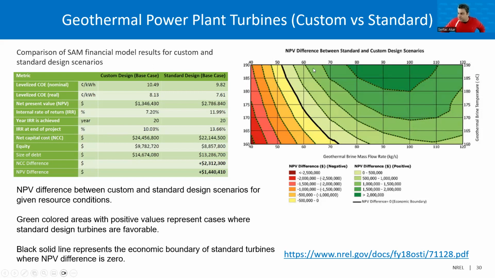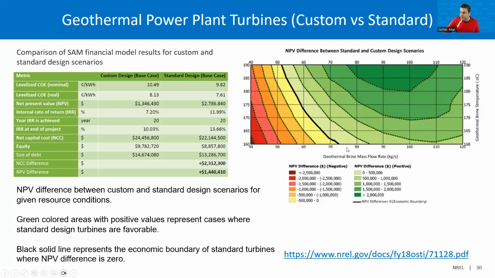Having said that, we also looked at the net present value. We saw that the net present value is positive, which is good, but it's not always positive. So there's a boundary. This is a good exercise to look at how the net present value of my project changes if my resource fluctuates.